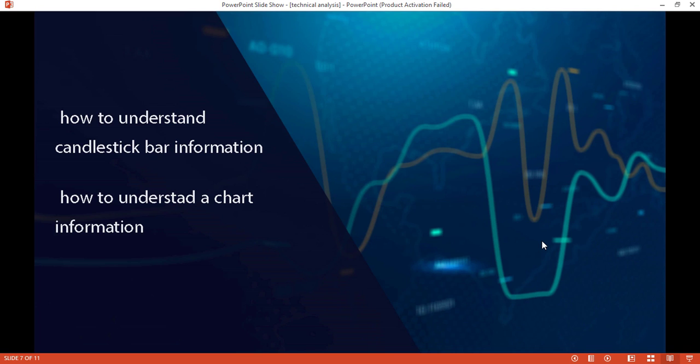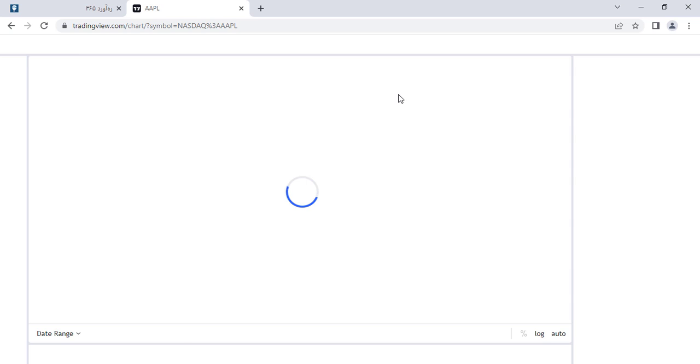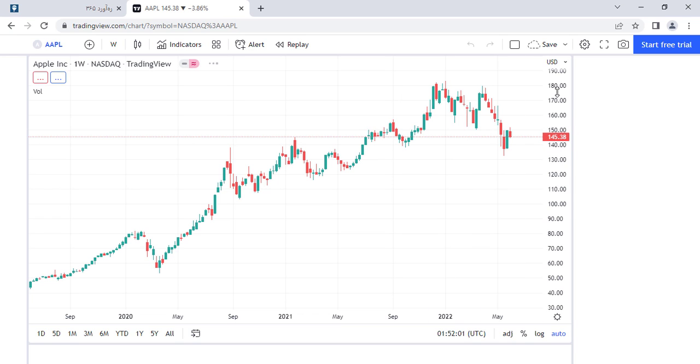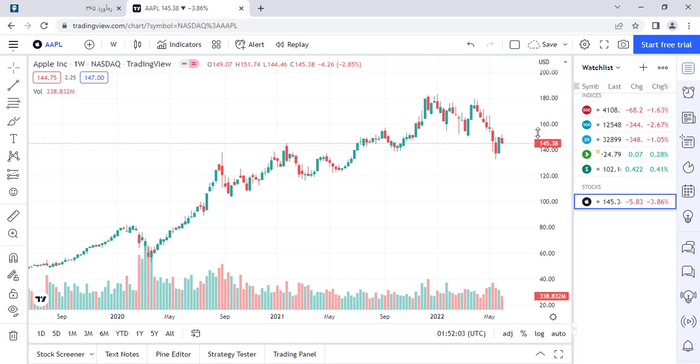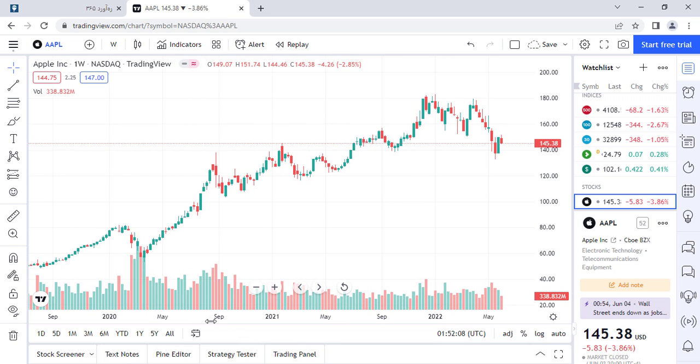Let's talk about charts and candlestick information. If you are a beginner in technical analysis, you may say, "What is this rectangle?